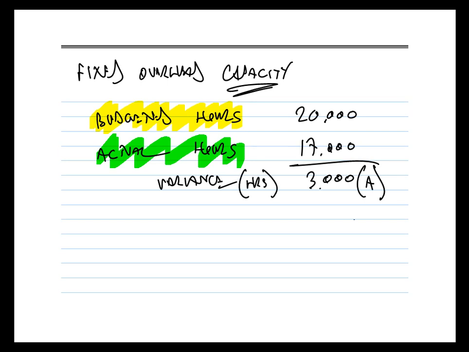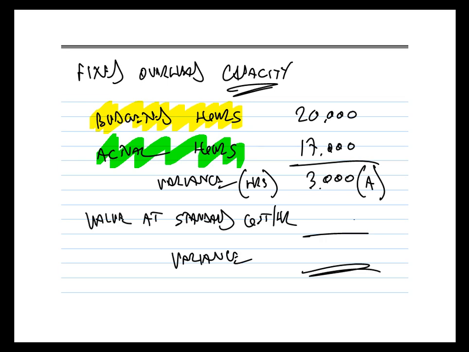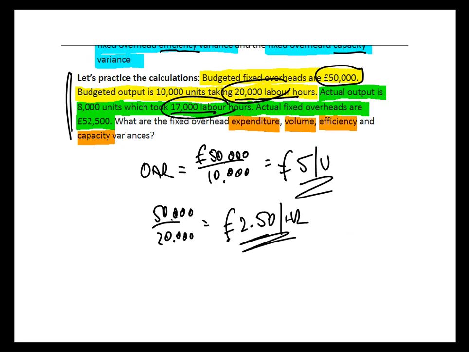At the moment, the variance is in hours. And to convert from a variance in hours to a variance in financial terms or in pounds, we value at the standard cost, and because it's a variance in hours, it's the standard cost per hour.